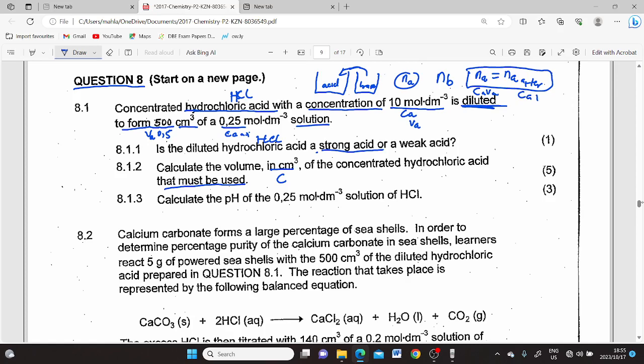That's why we have a dilution formula: concentration multiplied by the volume of acid, concentrated, equals the concentration of the acid multiplied by the volume of the acid, but this side is after, dilute. For dilute we have 0.5 and the concentration of 0.25, but for concentrated, we only have the concentration. So let's fill in the formula.